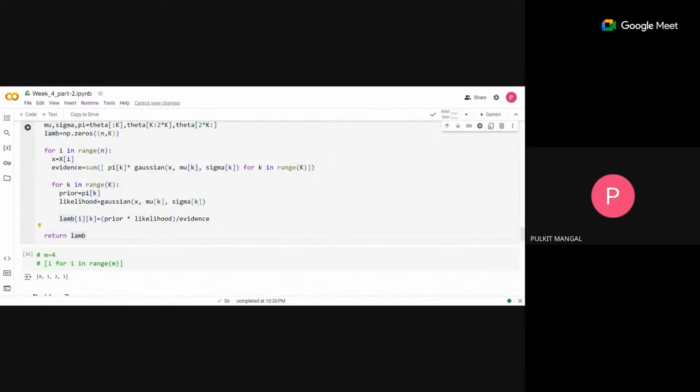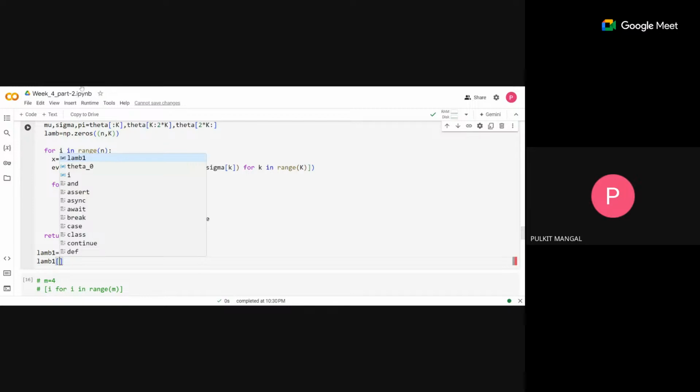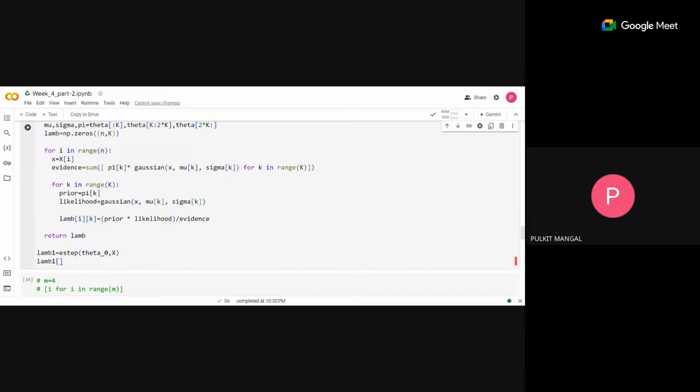So we will run this E step on the theta naught that we defined above, and x, and then we will take the zeroth column of this matrix. How will you take the zeroth column? How will you slice the zeroth column in this?